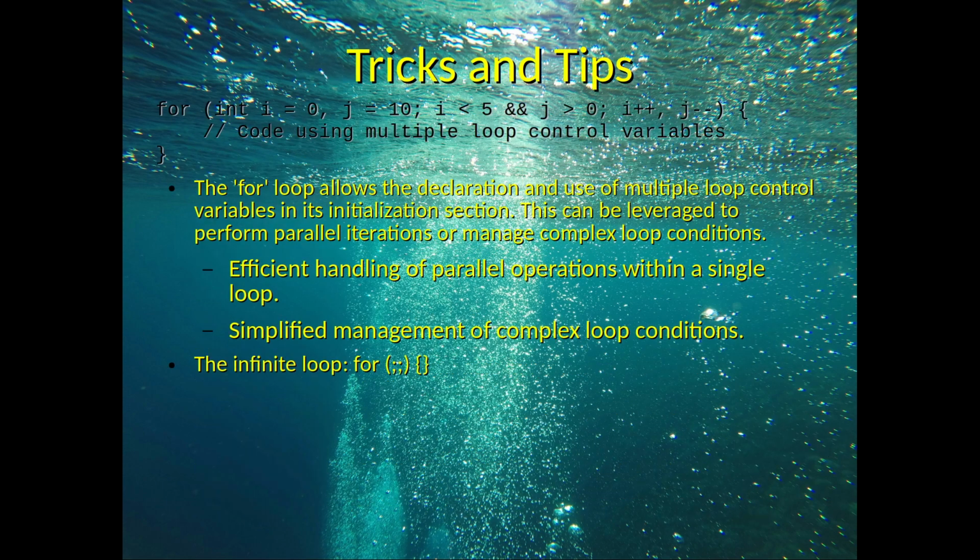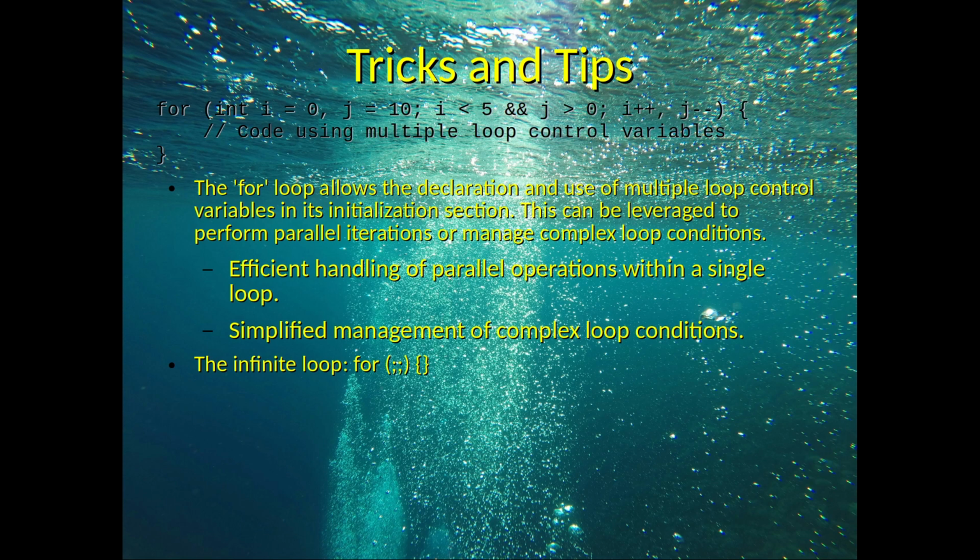Now, there are some tips and tricks you can do here. Because the for loop allows the declaration and use of multiple loop control variables, you can do this to perform sort of parallel iterations. So it helps because it handles the parallel operations in a single loop.